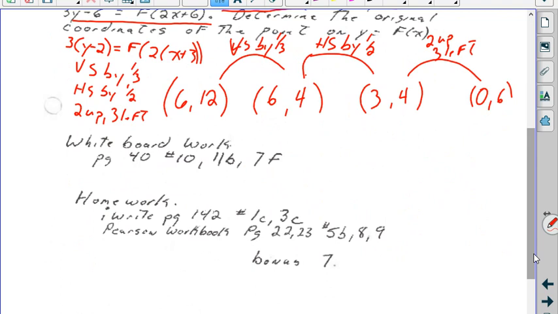There is your home whiteboard work and your homework. So in the textbook, you have 3 questions, and in the homework, you have quite a few more. I believe I attached both the iWrite and the Pearson workbook.